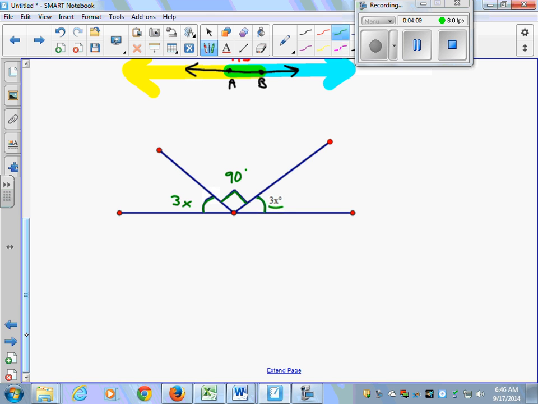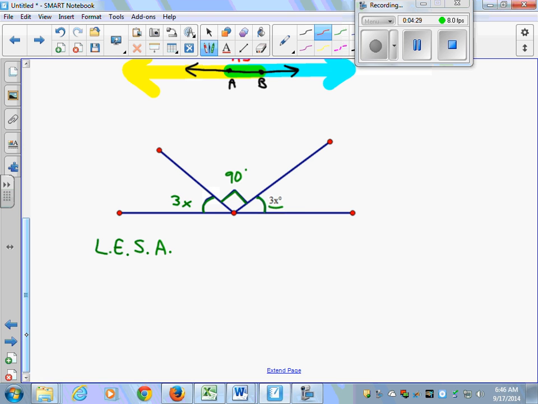So if I were going to write an equation for this, you have to remember that writing your equations means label the diagram first, then write the equation, and the equation has to match your diagram.